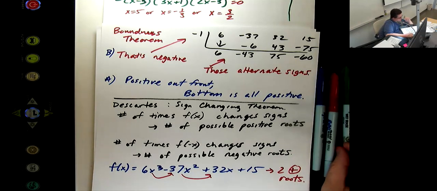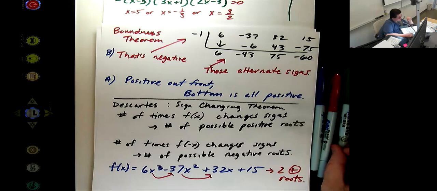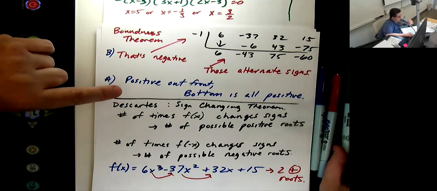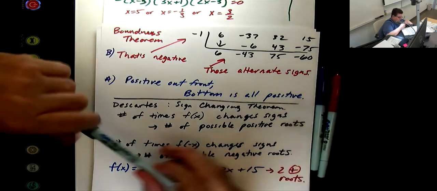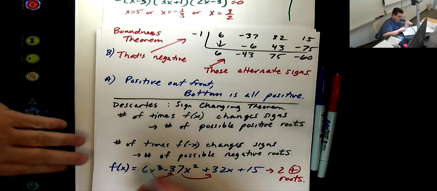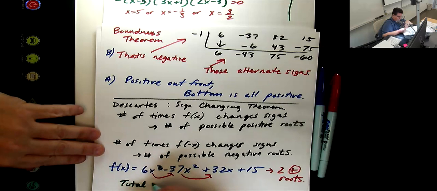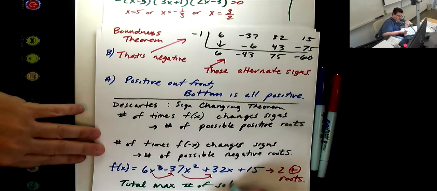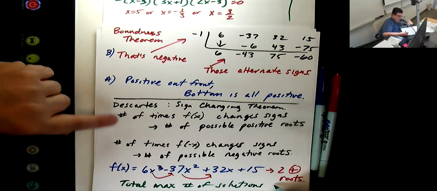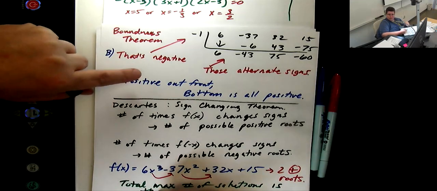Now, I think doing f of negative x is a waste of time, but that doesn't mean that what I'm about to say doesn't hold true every time. The total number of solutions is the degree of the polynomial.